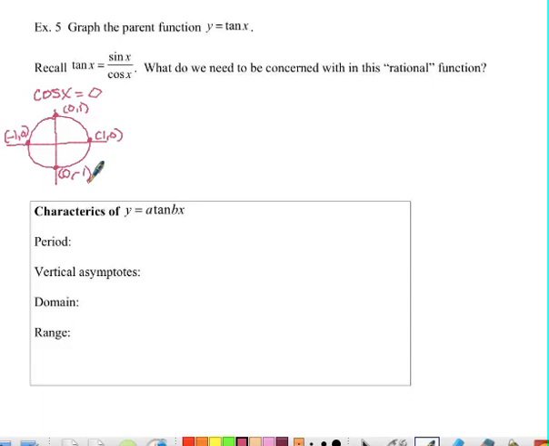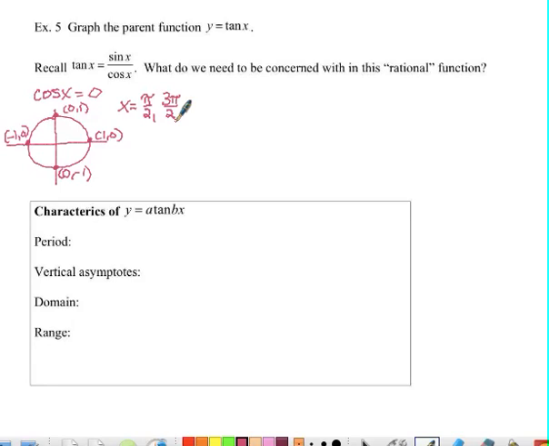So on this graph, where is cosine x equal to 0? At 90 degrees, and where else? And 270. Now let's transition to radians, so pi over 2 and 3 pi over 2. So there's a problem when x equals pi over 2 and 3 pi over 2.